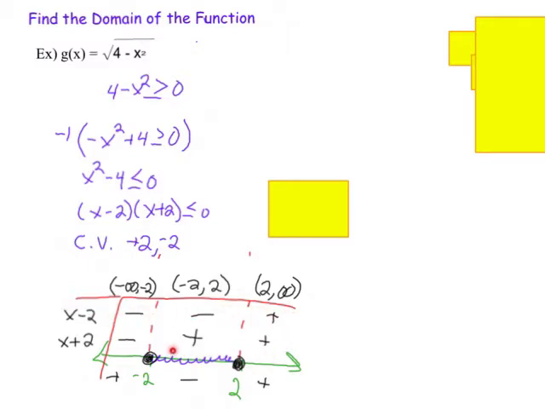That's the chart method that your textbook talks about. If you take a value from each of these intervals and substitute it in, and I would substitute it in right up here, you can determine that it's going to be true in this interval right in here. So that tells me that the domain of this function will be any values between negative 2 and 2 inclusive.